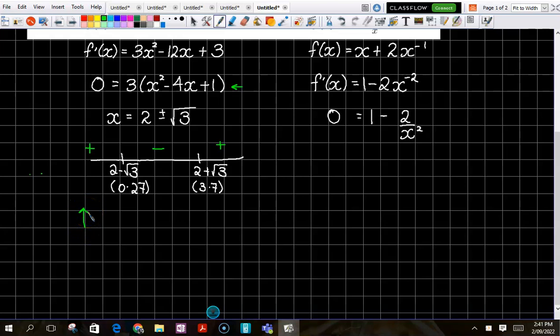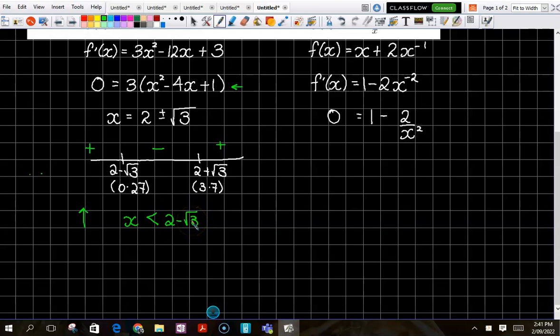If you want to actually write increasing, feel free. But that's my increasing. So when can we say? Are we able to use that shorthand? Yes. When are we saying it's increasing? So that part there. So this would be when x is less than 2 take root 3.